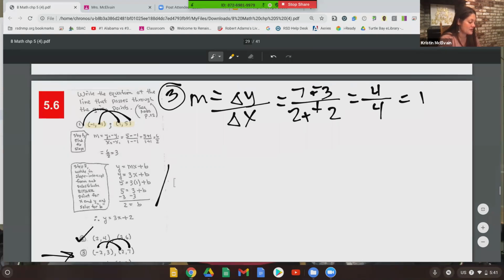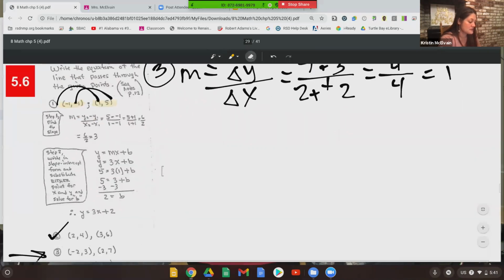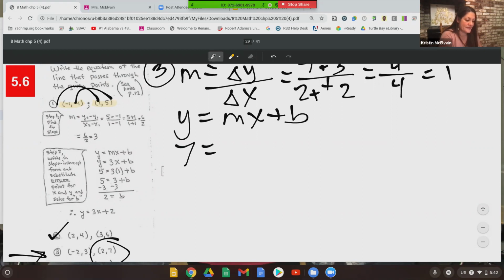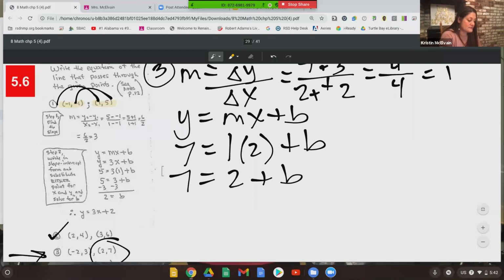Now we're going to use one of our points. I'm going to use my positive numbers. I like those better. I'm going to use 2, 7. So when I have my y equals mx plus b, I'll use my 7 as my y. My slope is 1 times x plus b. Add the opposite.